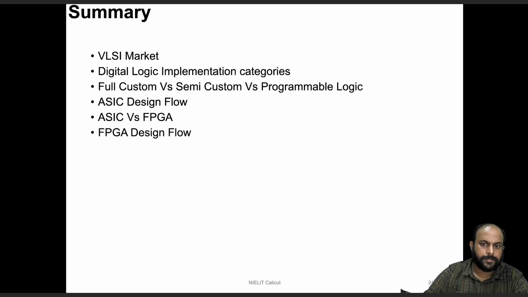We also have seen the typical ASIC design flow, and we have seen in detail all the design flow steps. Also, we have seen the major differences between ASIC and FPGA, when an ASIC is put to use and when an FPGA comes into the picture. We have also seen the typical FPGA design flow and the FPGA market as well.